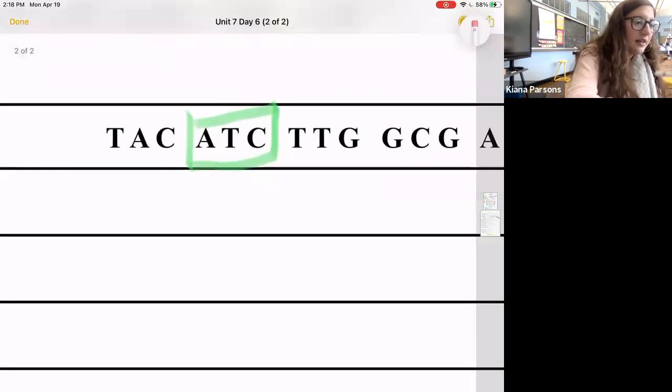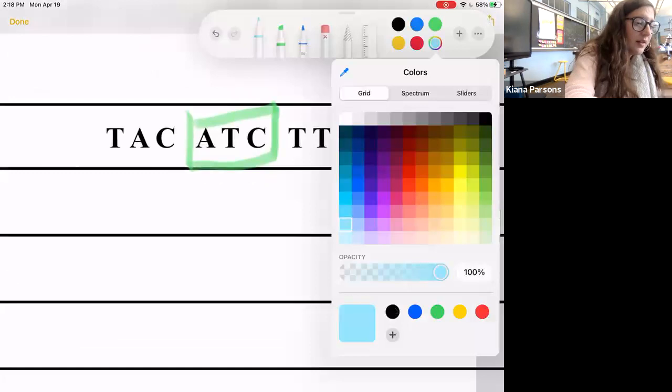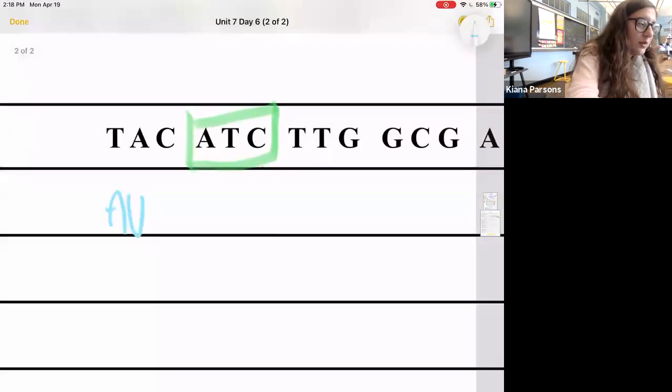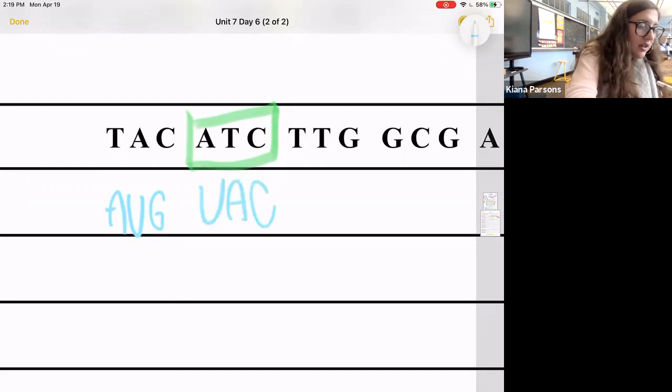TAC is AUG. Again, that's our start codon. That's where we're going to start. ATC is UAG. TTG, AAC.